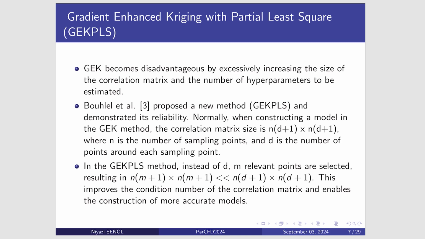N is the number of sampling points, and d is the number of dimensions around each sampling point. In GEK-PLS, the advantage is that instead of d, you use a smaller number when constructing your correlation matrix, and it improves the condition number of the correlation matrix and enables the construction of more accurate models.